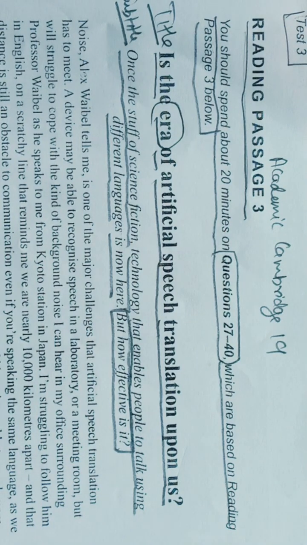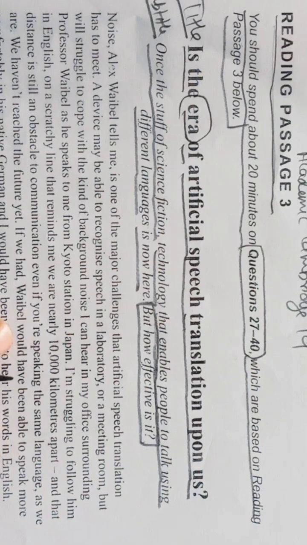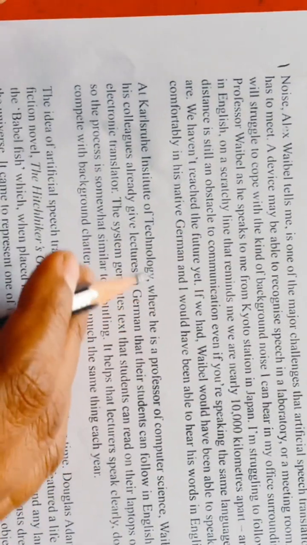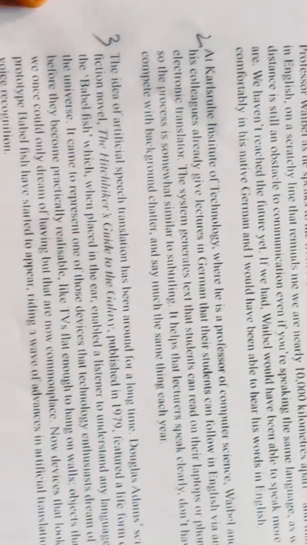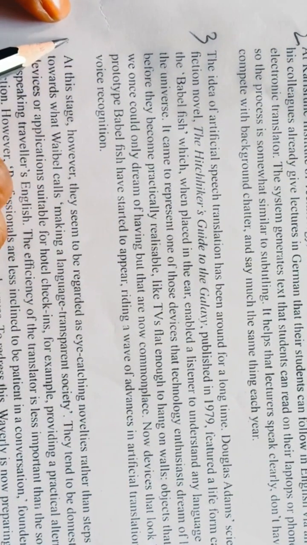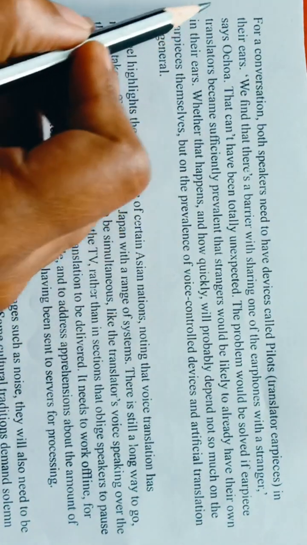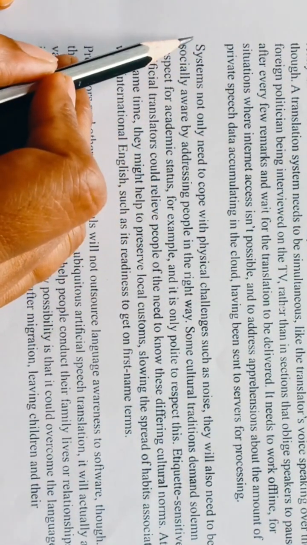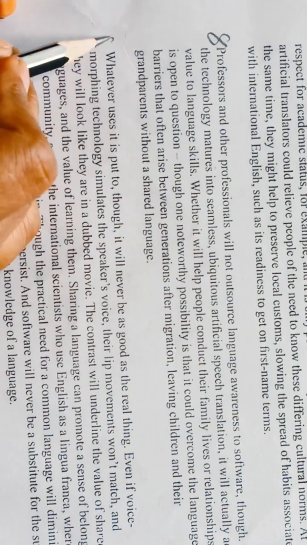As we are seeing, we will quickly numberize our paragraphs. This will be the first, this will be the second, the third, the fourth, the fifth, sixth, seventh, eighth and ninth.